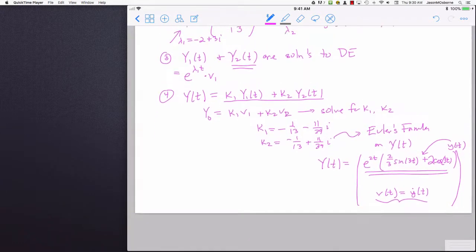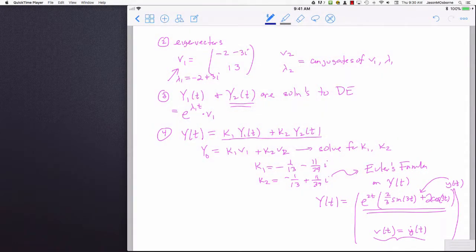If you prefer, you can take y(t) equal to c1 times the real part of y1 plus c2 times the imaginary part of y1, which is probably an easier route in this problem. Then simplify and use your initial conditions, and c1 will come out to be negative 2 over 13 and c2 will be negative 22 over 39.